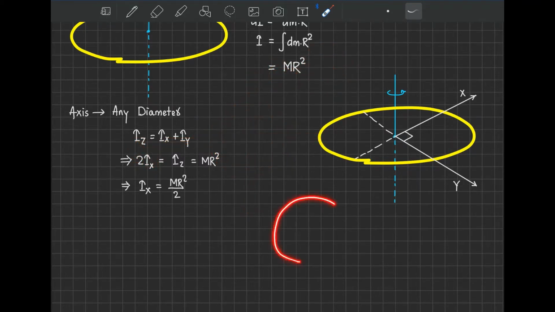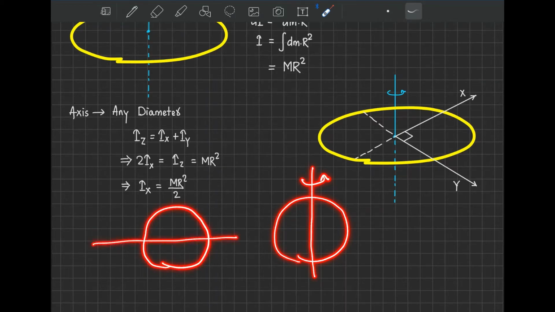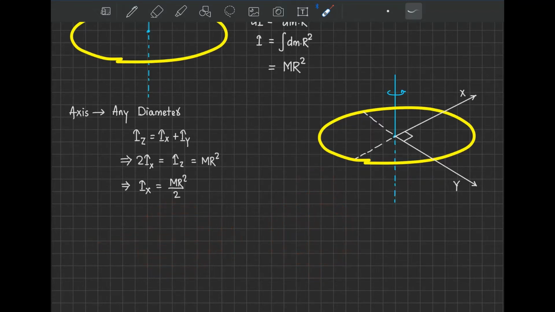If we take a diameter like this and rotate the ring, and similarly take the same ring but draw the diameter like this and rotate it, in both cases the moment of inertia should be the same because the ring is still symmetrical. The axes divide the ring in the same manner in both cases. That means if we choose a diametrical axis, the moment of inertia will be the same in all cases.